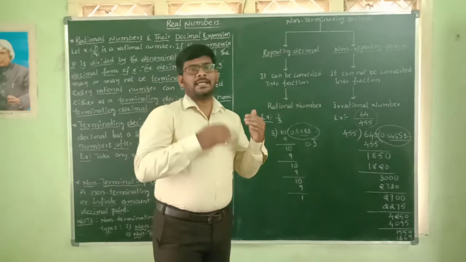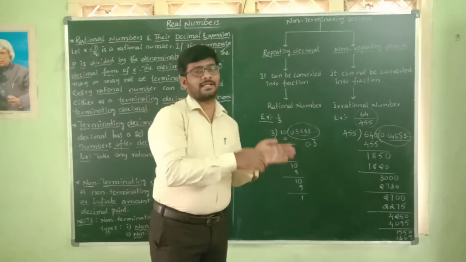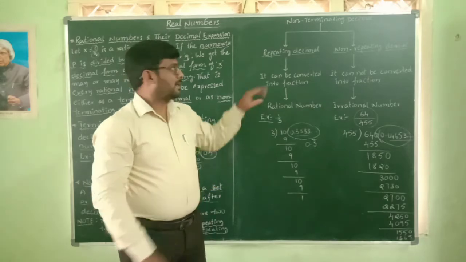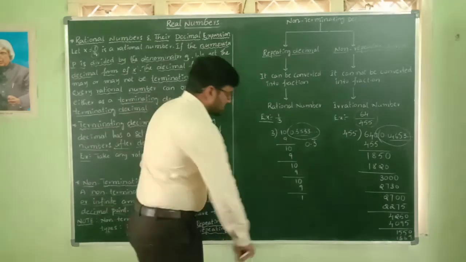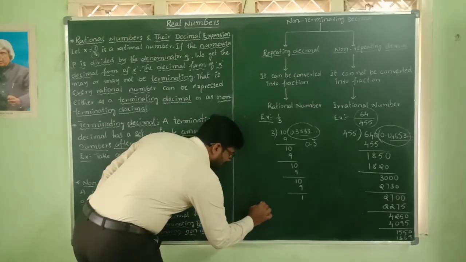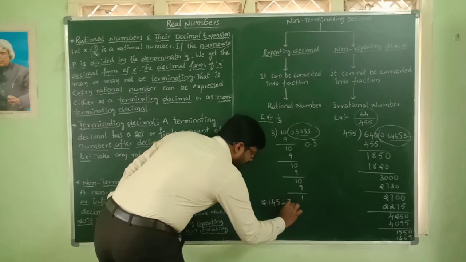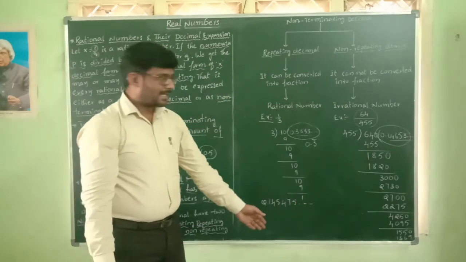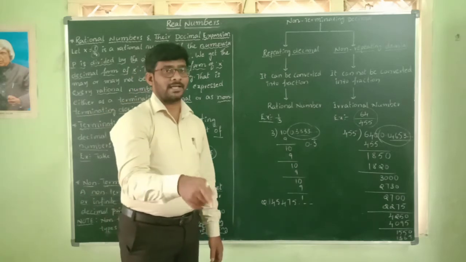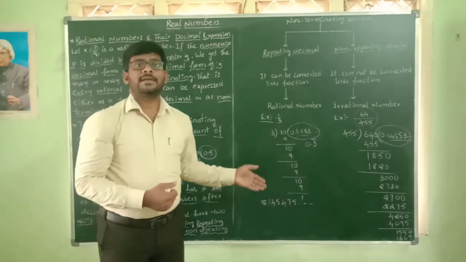When numbers are given in decimal form, this concept is very useful to find whether it is rational or irrational. When I give two decimal expansion forms: 2.14545, and so on. This is non-terminating, but is it rational or irrational? Irrational. Why?